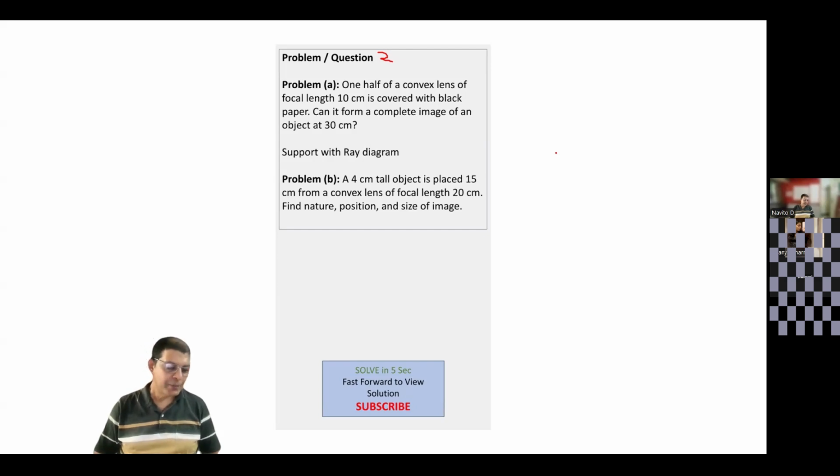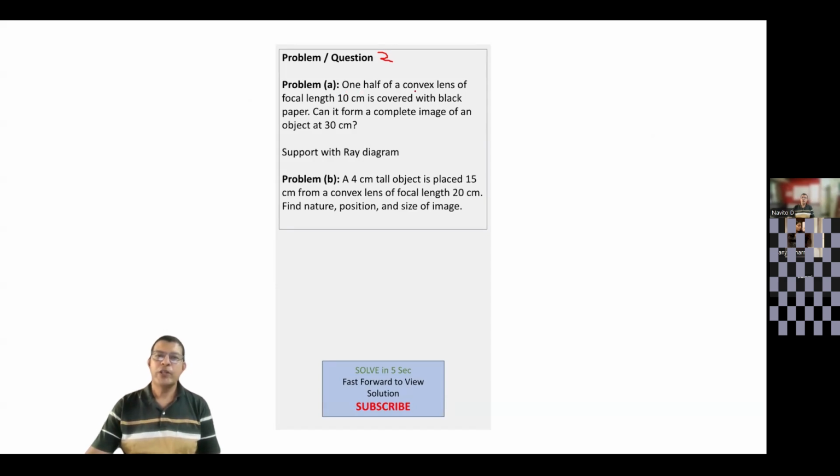Work on your speed. Okay, let's solve this problem.